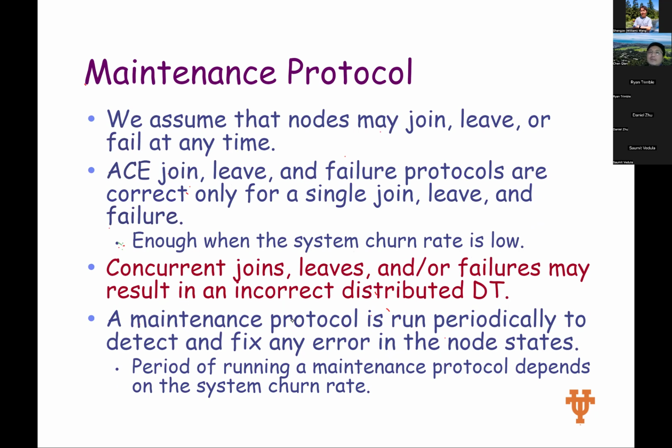Okay. And there is also a maintenance protocol. What does that mean? That means if we have leave, join, and failure at the same time, right? A maintenance protocol will keep running periodically, for example, every minute or every 10 seconds. Whatever you call it, it's periodic.